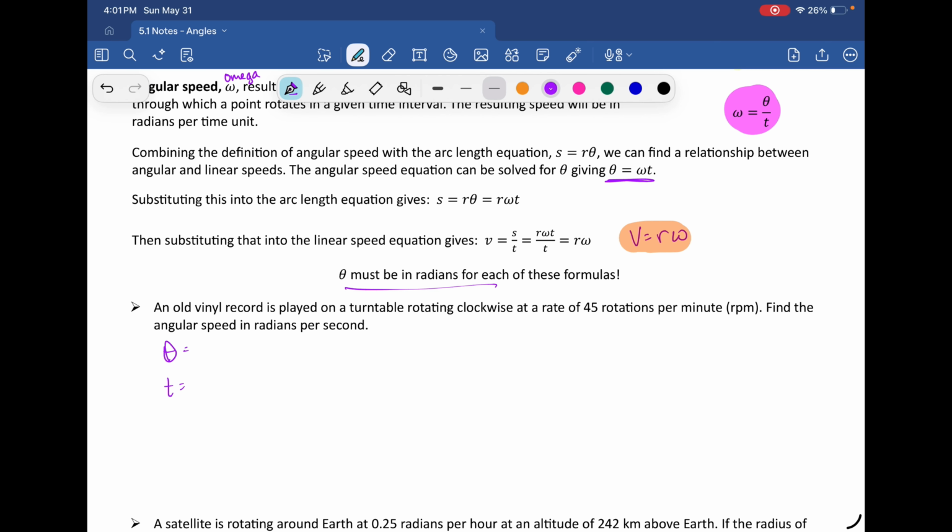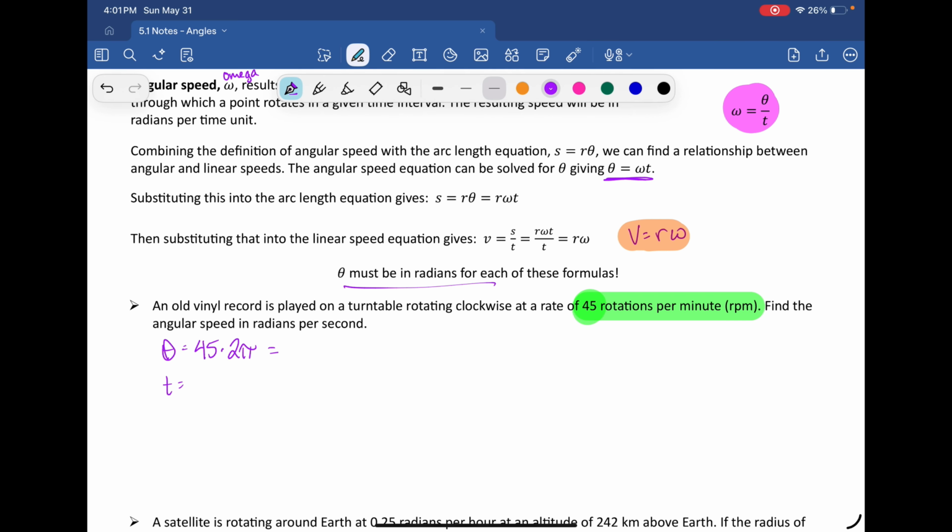Theta I can find here, specifically the 45. Theta is a rotation, so I have 45 of them. One rotation is 2 pi, so the total angle will be 90 pi radians.